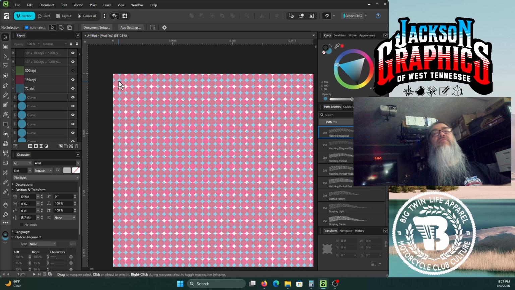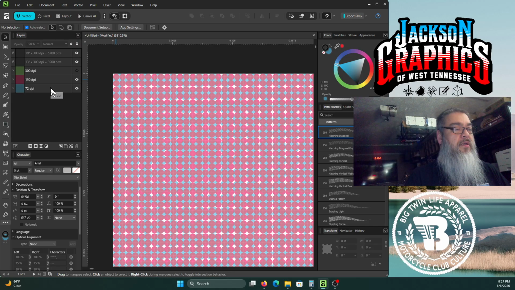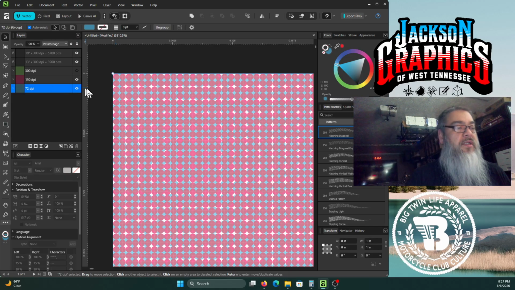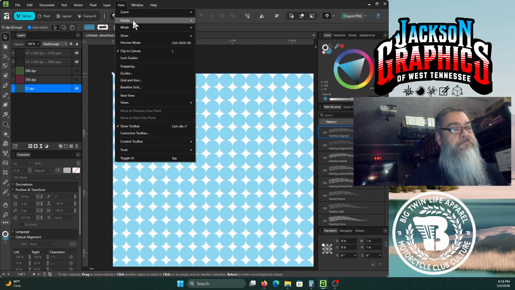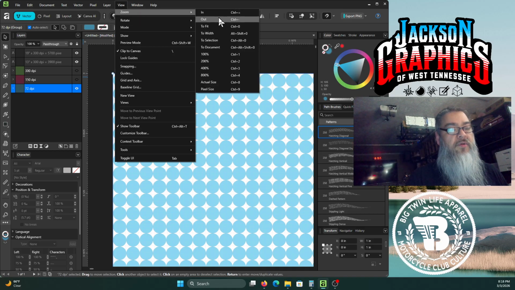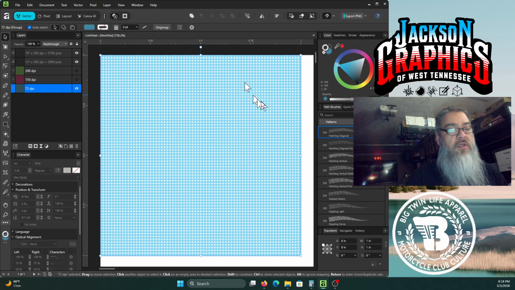Now we've got even more grains in this image than we had before. So when you look at these in terms of image quality, let's turn 150 off and go back to the zoom level that we were at before.